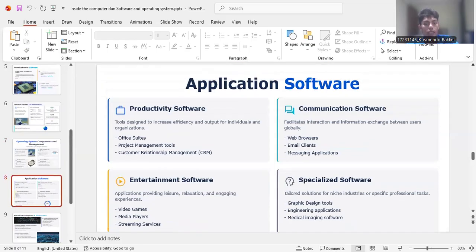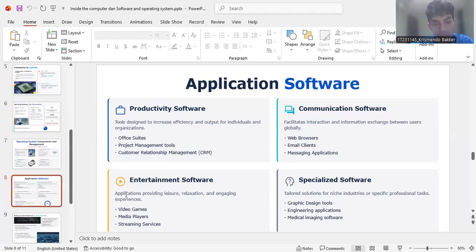Next, application software. Productivity software: tools designed to increase efficiency and output for individuals and organizations, such as office suites, project management tools, and customer relationship management.